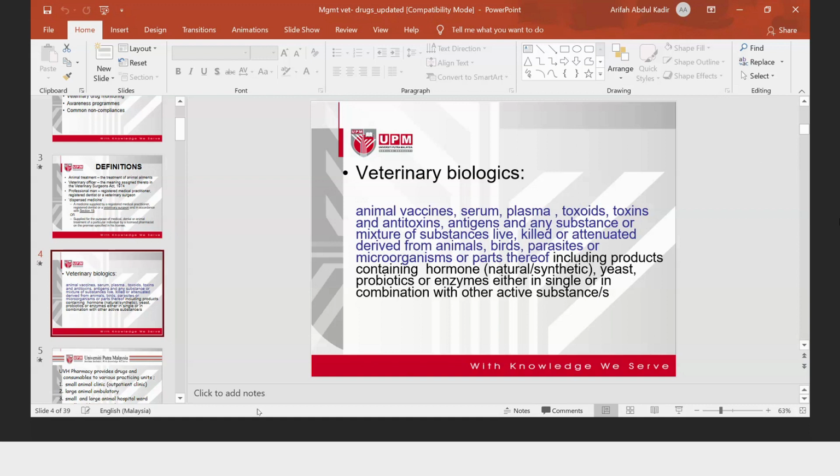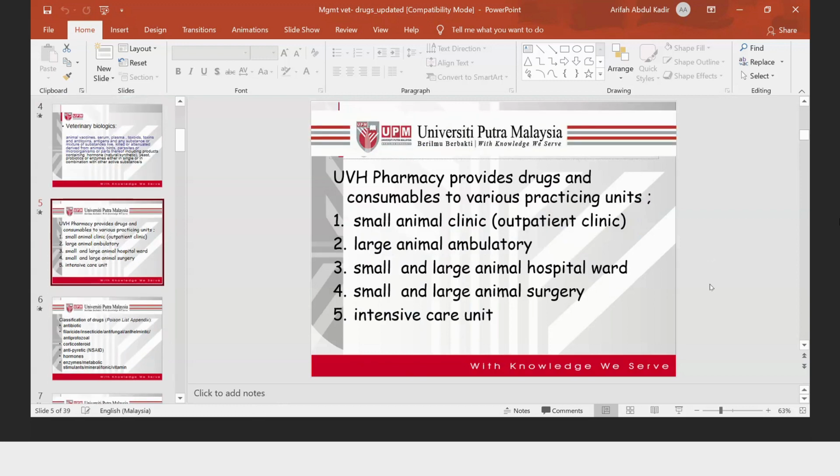And the next slide. Okay, this one also I've mentioned, the function of the pharmacy, providing drugs to the outpatient clinic. So here, the veterinary assistant pharmacists will deal directly with the clients.